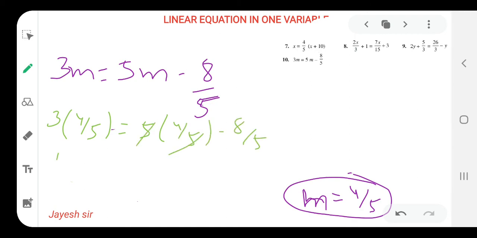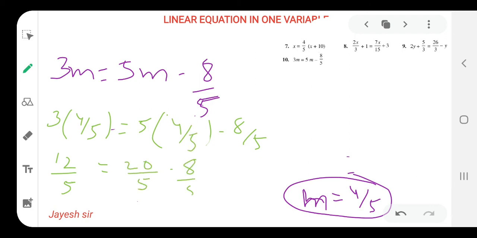5 gets cancelled over here. Here it will become 12 by 5. Sorry, in the denominator it should be 5 only. So it is 12 by 5. And here it is 4 minus 8 by 5. Or the other thing we can do, instead of cancelling, is we can solve it directly: 5 in bracket 4 by 5, 4 5s are 20 by 5 minus 8 by 5.